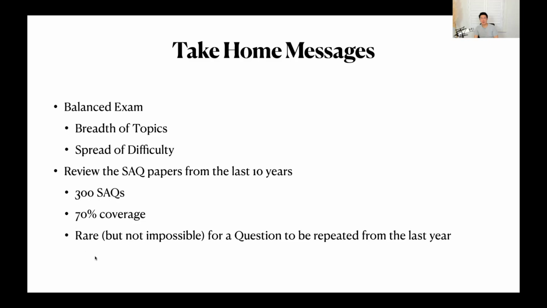Now, it's rare, but not impossible. I have seen it a couple of times for a question to be repeated from the last year. In fact, even from the last sitting. Okay, I think I've seen it done once where a question was repeated from the last sitting, and probably just a couple of times where it was repeated from just the year before.